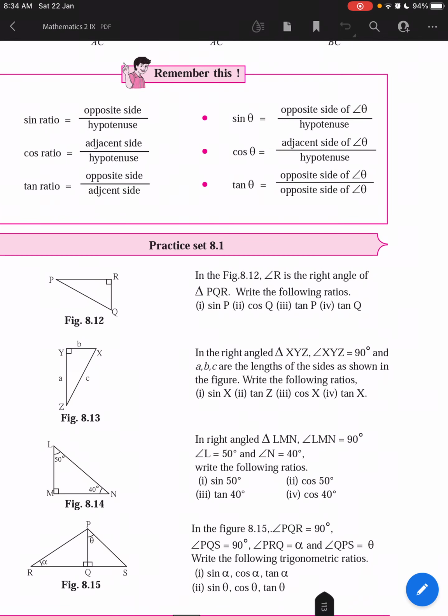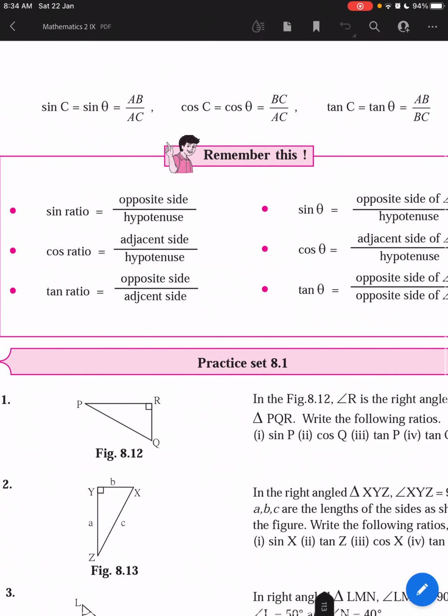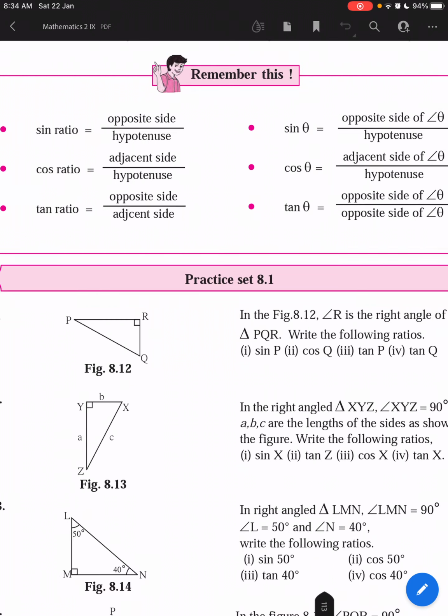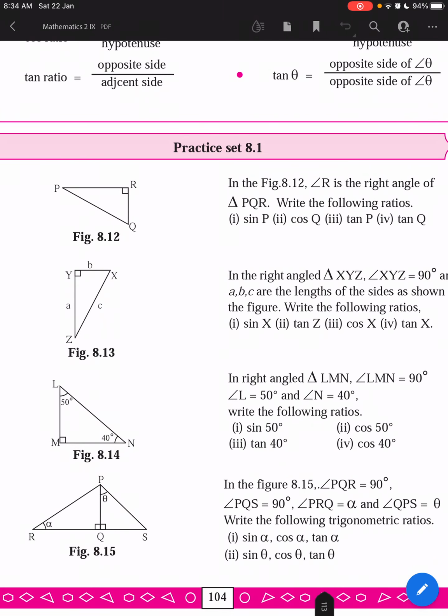Hope you understood the definitions of trigonometric ratios very well. Now, after completing the revision of definitions of trigonometric ratios, let us start the work on examples of practice set 8.1, page number 104. So all boys and girls, open your notebook and the textbook both.